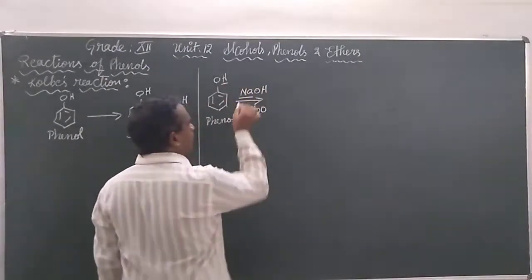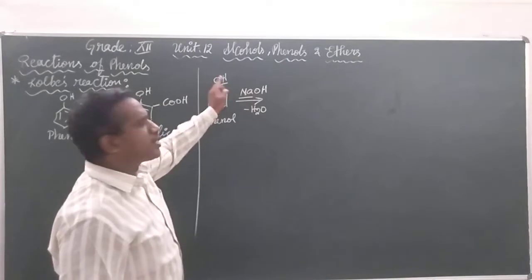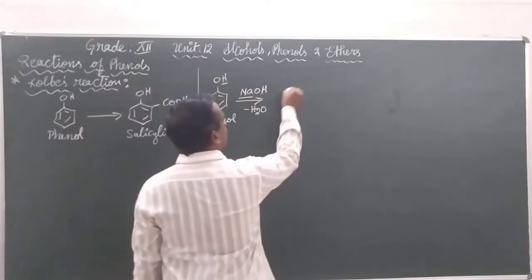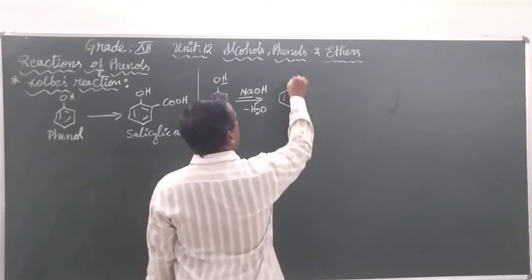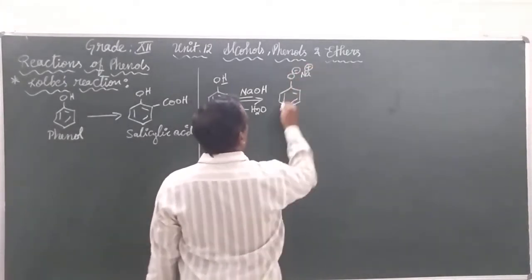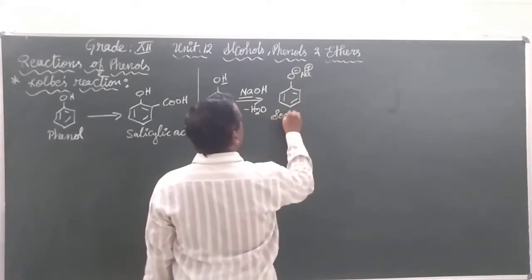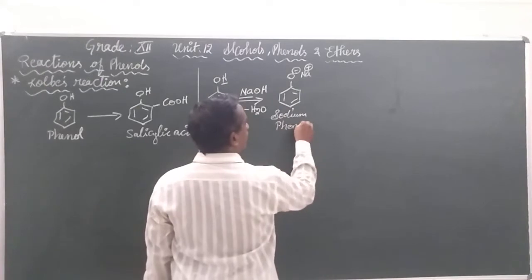In this case sodium is going to displace the hydrogen present on the phenol, and the remaining OH and hydrogen are removed in the form of water. Sodium displaces the hydrogen, so it forms an intermediate called sodium phenoxide ion.